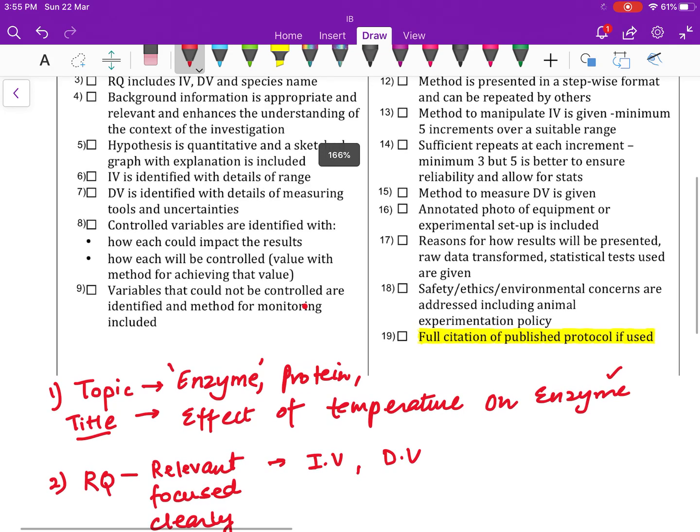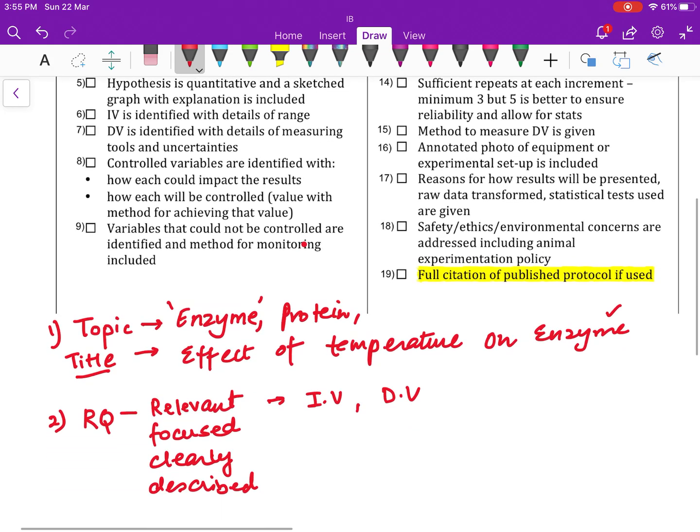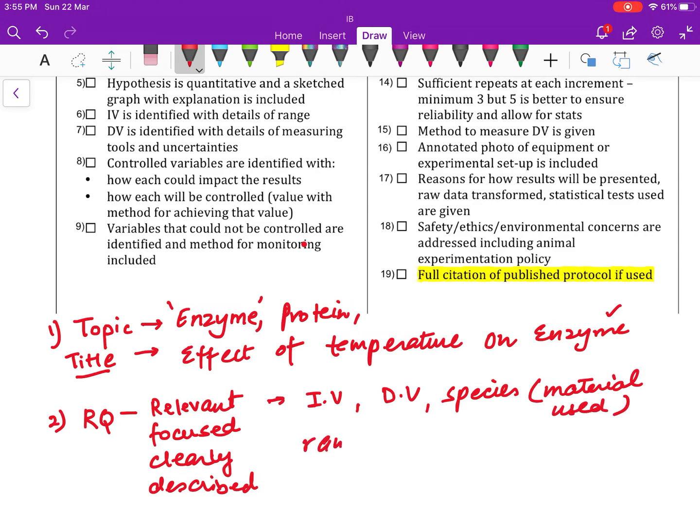RQ includes independent variable, dependent variable, species, or the name of the material used. How it is collected, it means the raw data. If you have given a time, it should be given how long you have put the setup, what process is happening.